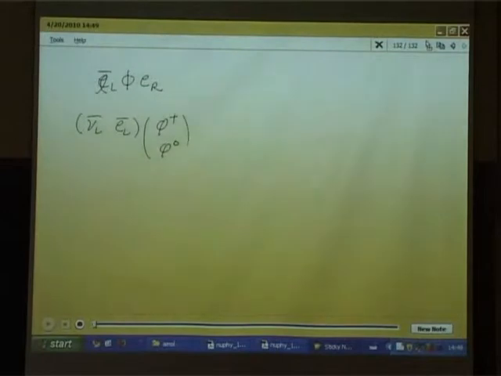For your electron, for example, there is a term in the Lagrangian which looks like e bar L phi eR. In fact, I should write it as l bar L phi eR. Here phi is phi plus and phi 0.